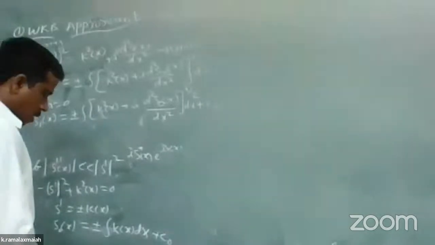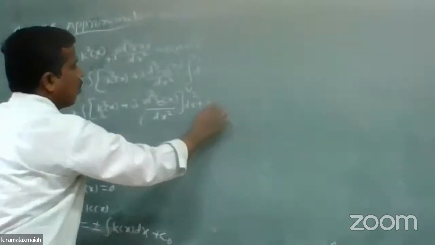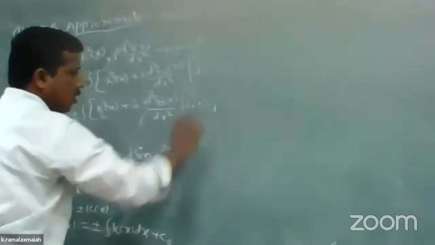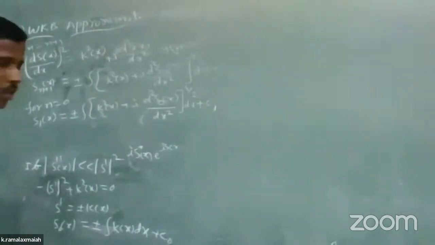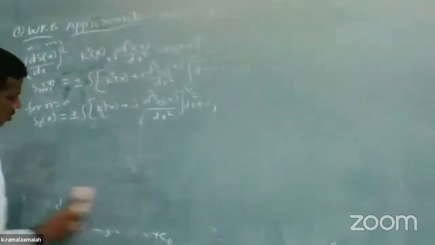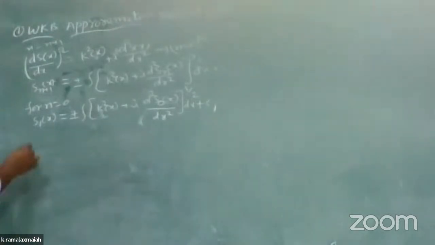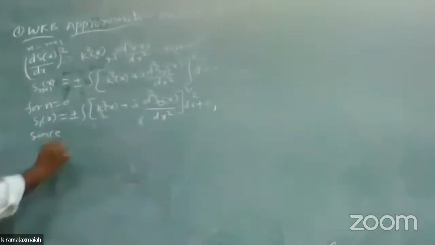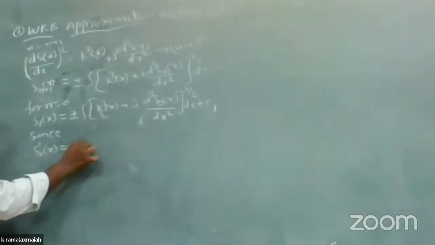That is for n is equal to 0. Here also c is equal to c 1, not 1. The n is equal to 0 also remains the same. Okay, that is the equation. So since S naught of x is equal to plus or minus k of x.